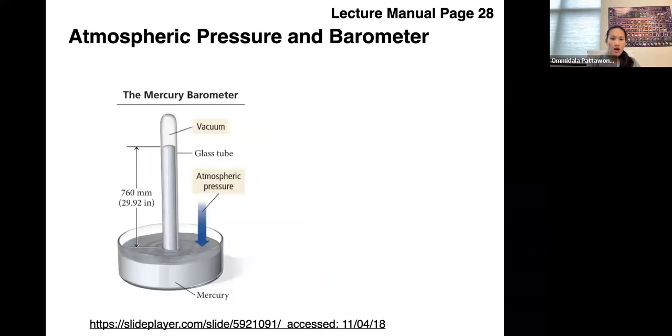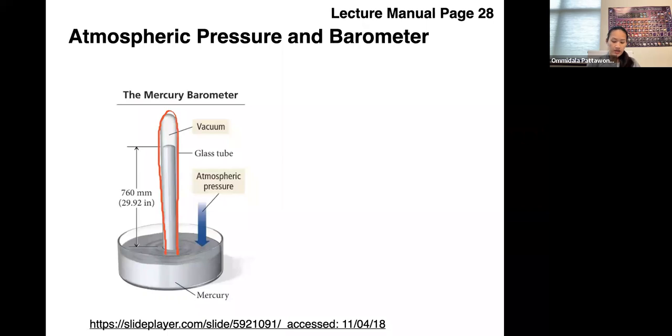The device used to measure this is called a barometer, and a barometer is made of mercury. This tube right here is going to be a vacuum tube, and you put this tube into a chamber of mercury.